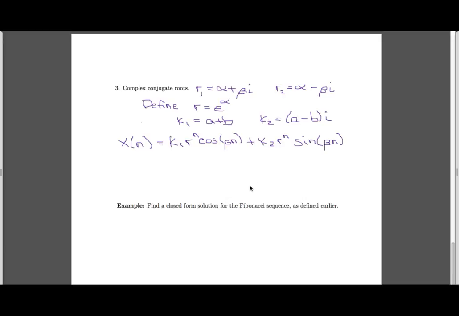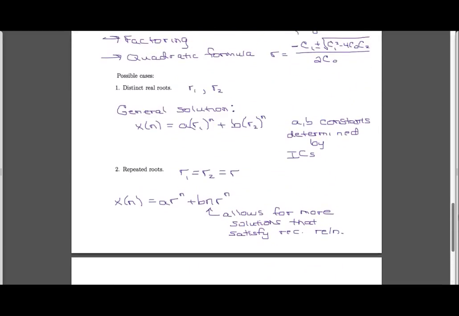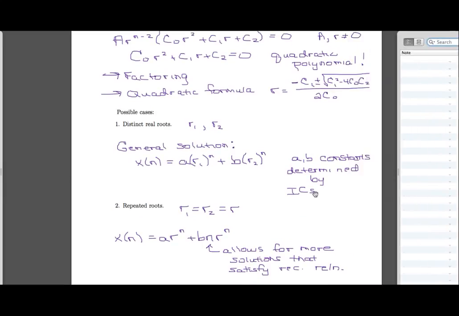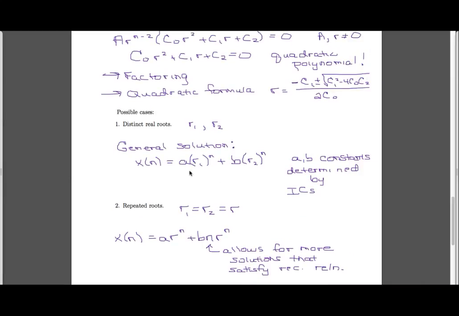One thing that's interesting to note is that for this solution, compared to the other ones, the other ones were exponential in nature, just like our first example that wasn't the Fibonacci sequence. You've got this exponential piece, this exponential piece. Same thing here, you've got exponential and then a linear times an exponential, where the exponential piece eventually wins out, either in terms of making this really small or really large.